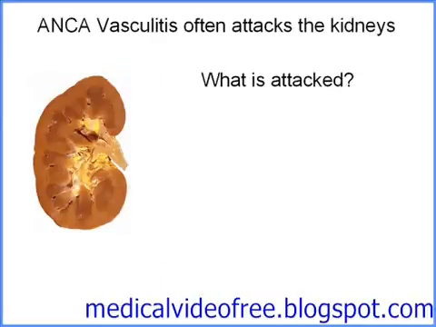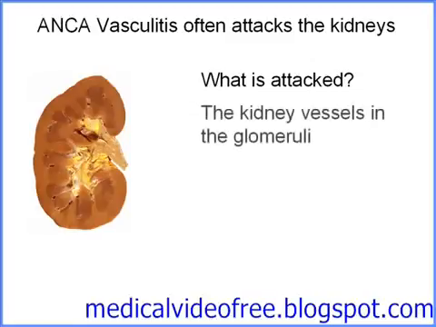So I mentioned that ANCA vasculitis often attacks the kidney. The kidneys are very complex structures, and most people really aren't very familiar with the structure of the kidney. So let me take a minute explaining what is actually under attack in the kidneys and what causes so-called glomerulonephritis, which many patients who have ANCA disease will hear is one of the manifestations of their disease.